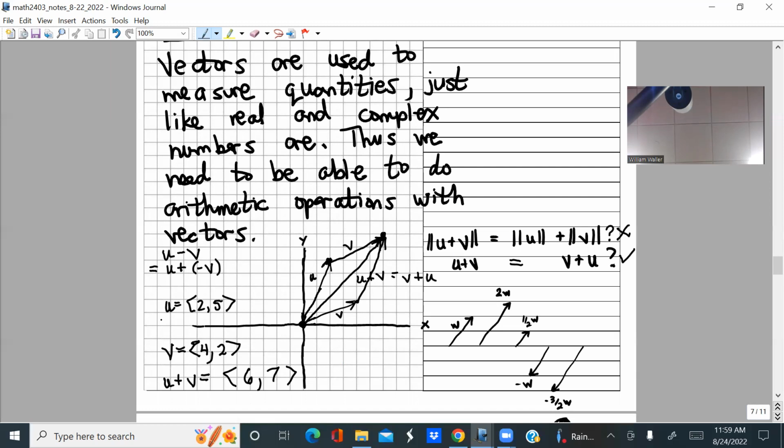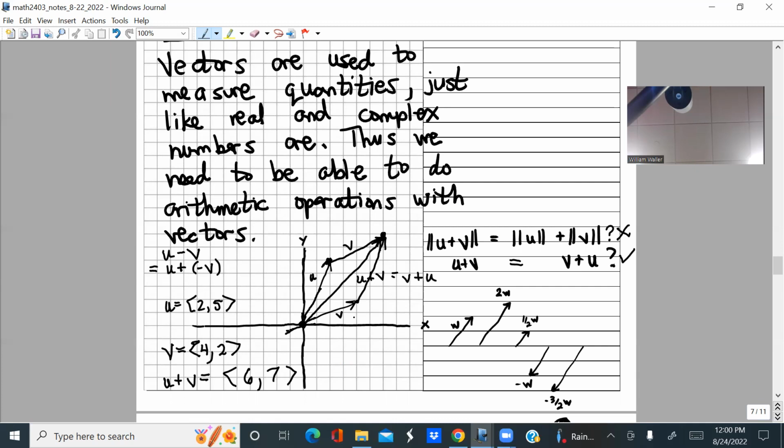Now, what does the negative of v look like? When you take the negative, what does it do? It just changes the direction 180 degrees. So if this is v, then minus v is going to come in this direction. In fact, where's it going to go?